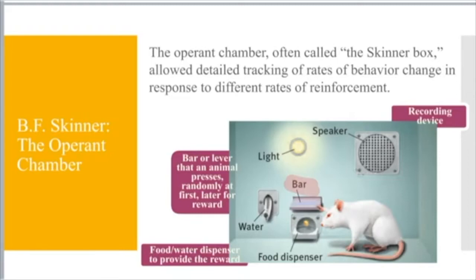And so what Skinner did is at first they would release the food just at random, but then they started releasing it immediately following any time the rat pressed the bar. The rat quickly learned, right, that pressing the bar got them a reward and therefore strengthened that behavior of pressing the bar, right? Strengthened, they wanted more food and therefore they'd press the bar more frequently.